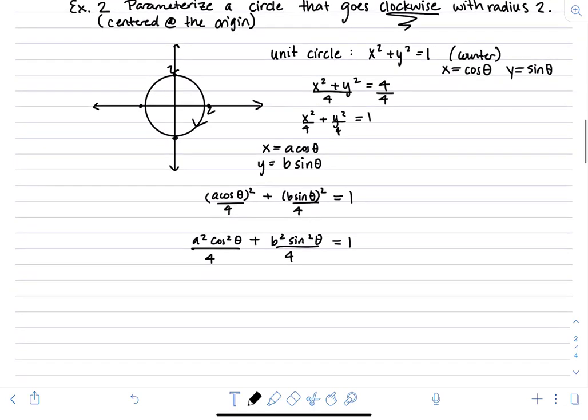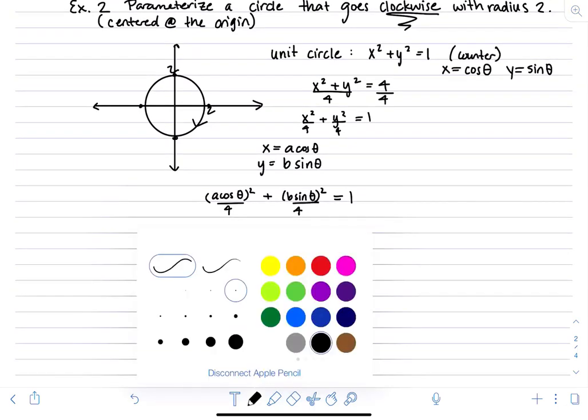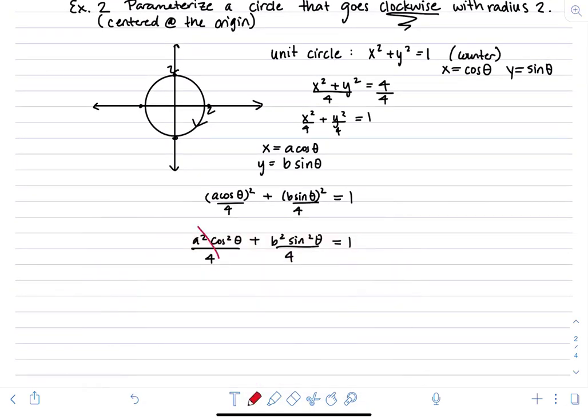Now hopefully you guys can look and identify what's problematic. Our equation would basically be true as long as this a squared over 4 and b squared over 4 was gone, right? What we want to have is just cosine squared plus sine squared theta equals 1 based on the Pythagorean identity.